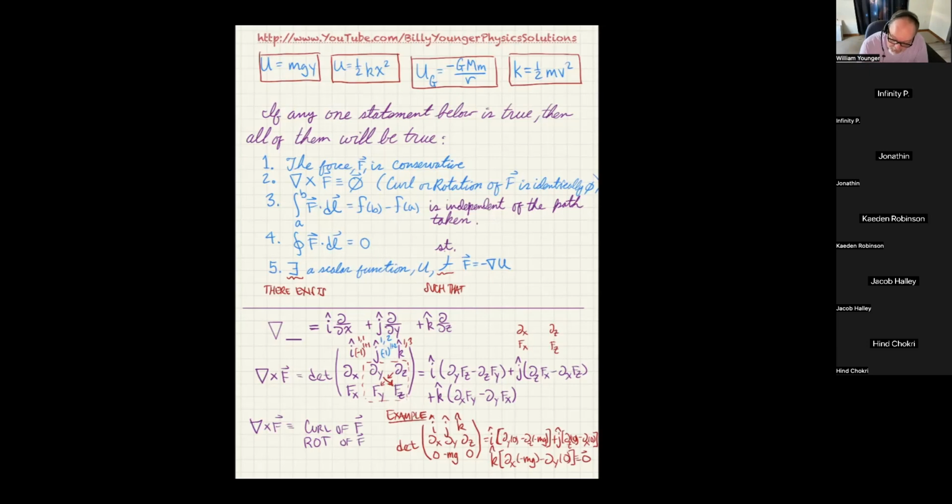There is another operation called the divergence. And that divergence would actually be, excuse me, not i hat, because it's a dot product. It's just the partial of f sub x with respect to x plus the partial of f sub y with respect to y plus the partial of f sub z with respect to z.